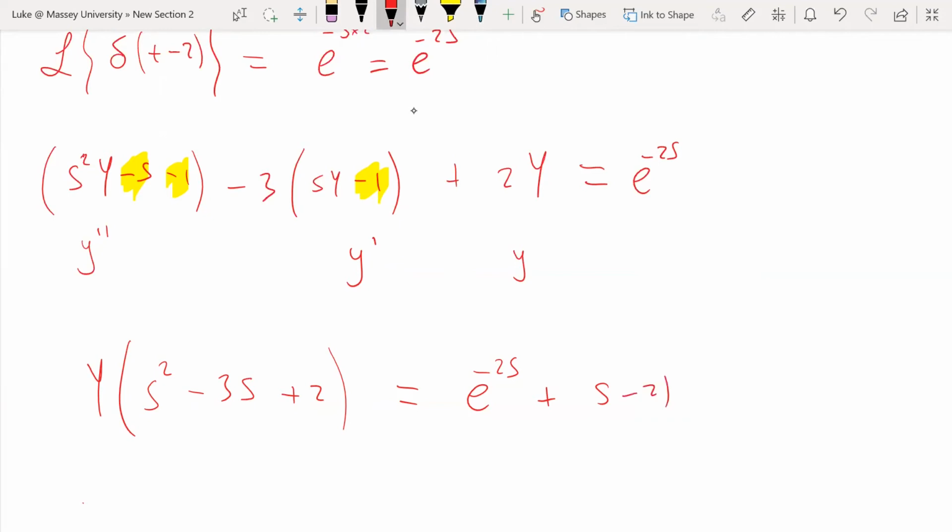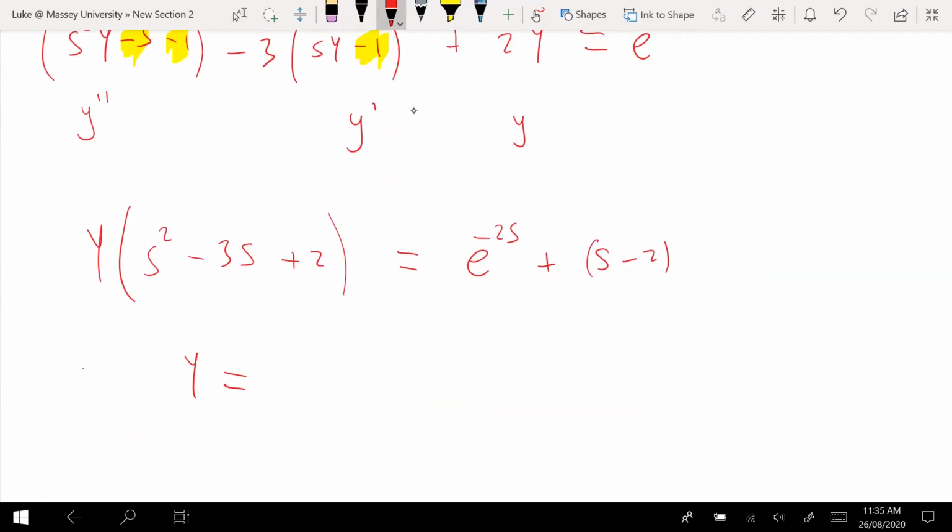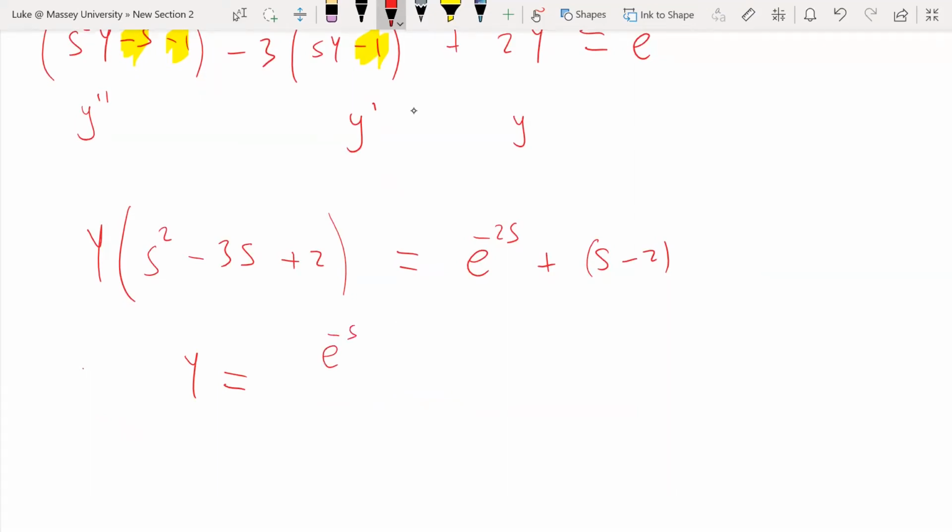S minus 2. Therefore I can write y, my solution in s space, as e to the minus 2s plus s minus 2 over s squared minus 3s plus 2.